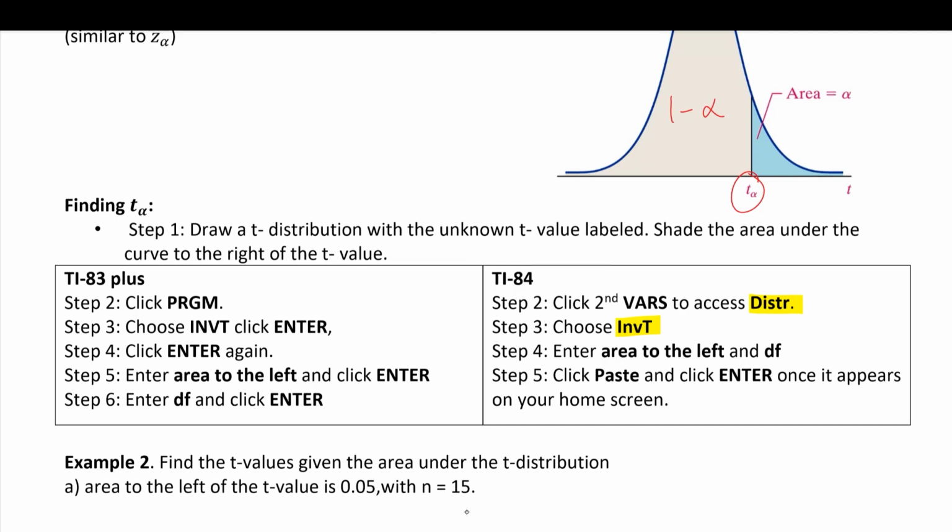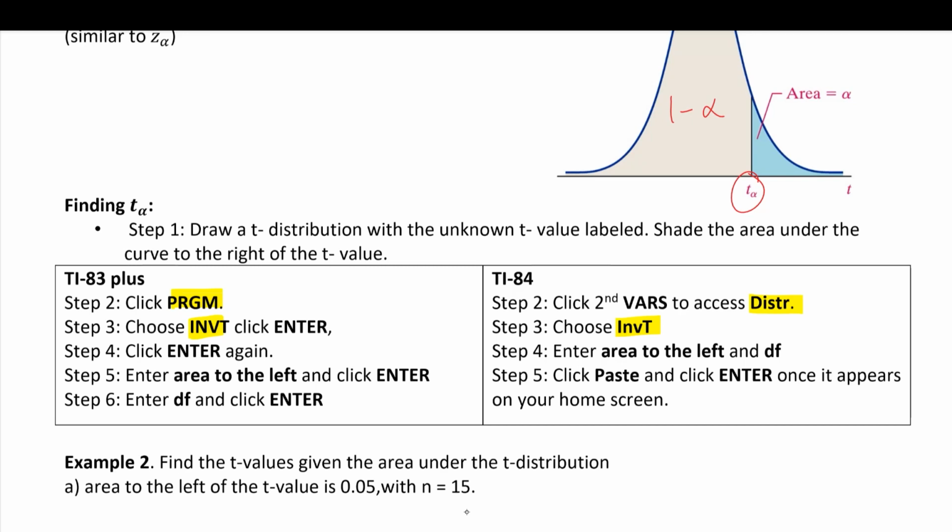Now if you don't have a TI-84 and above, and you have a TI-83 Plus, you won't have this function already native to your calculator. What you would have to do is find some sort of program that you can put onto your calculator. This is a very common one that people add to their TI-83s.